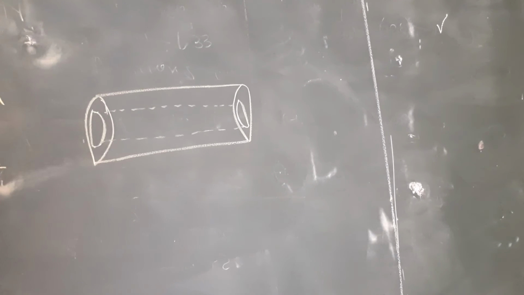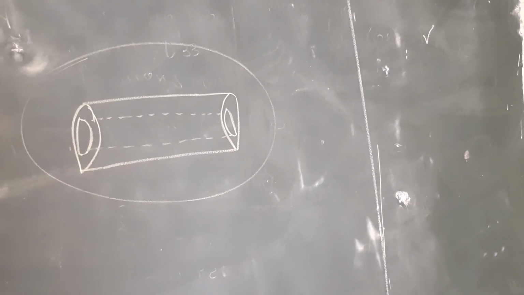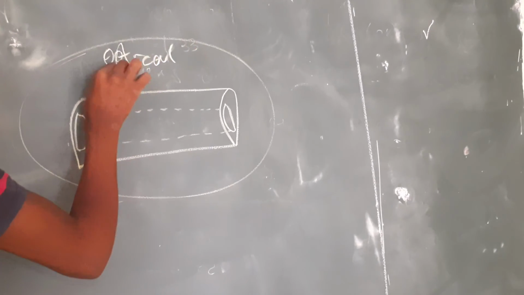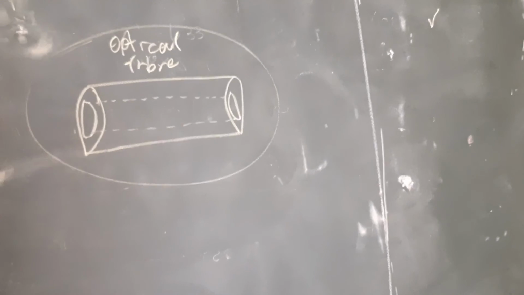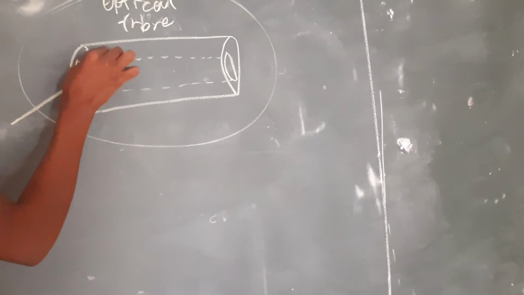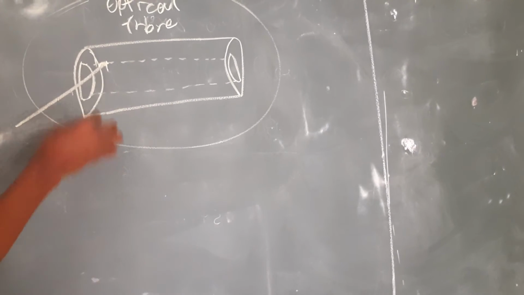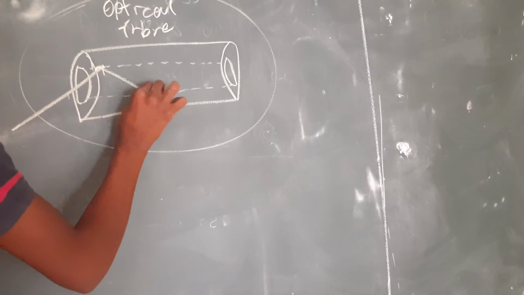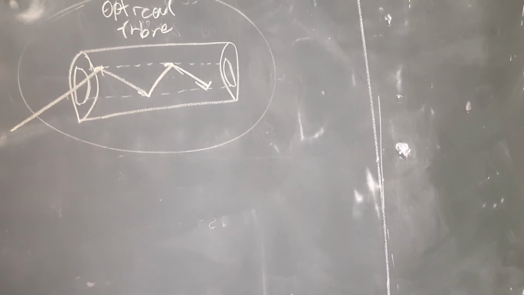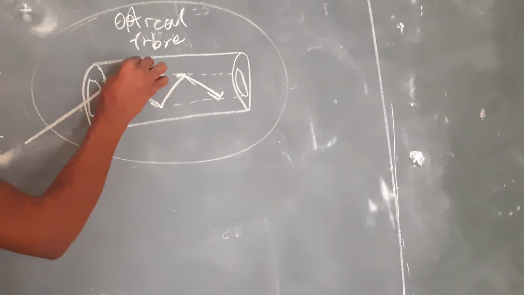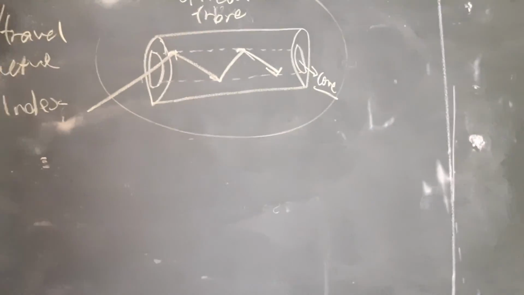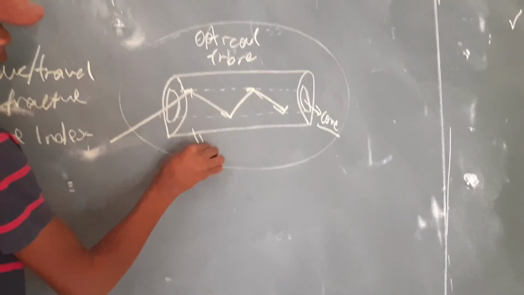So this cable is an optical fiber. Immediately the light enters into the medium, it does what you call total internal reflection. This one is the core, and this one is the cladding.